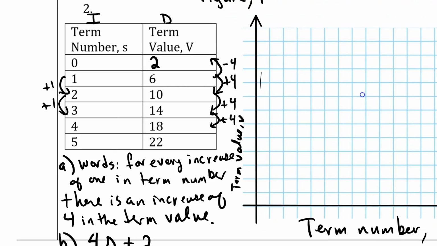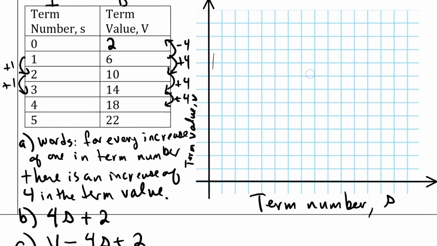And now I am going to pick my scale. For the horizontal, I need to go from 0 to 5. I know that one well. 1, 2, 3, 4, 5. And now I need to go from 0 to 22. So I count 1, 2, 3, 4, 5, 6, 7, 8, 9, 10, 11, 12. Okay, so I'm going to have to go up by 2 every single time.